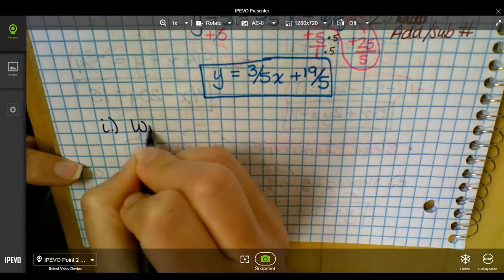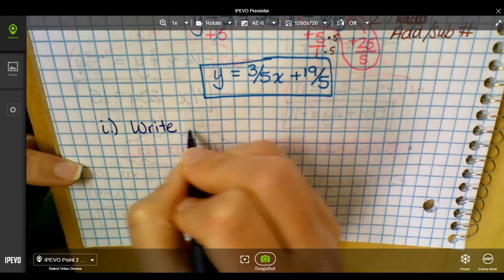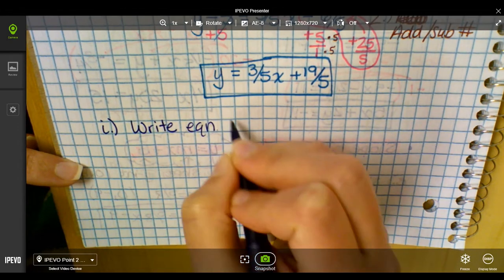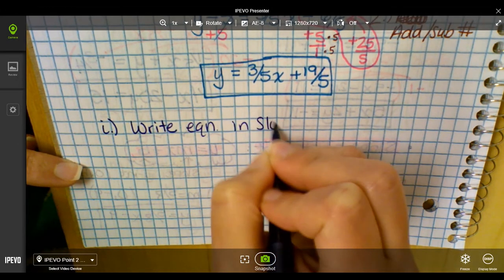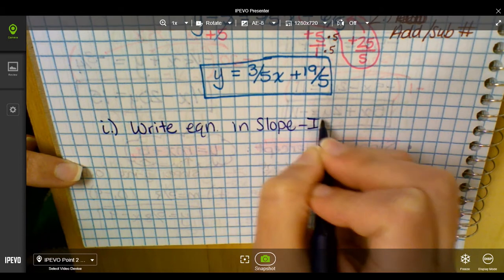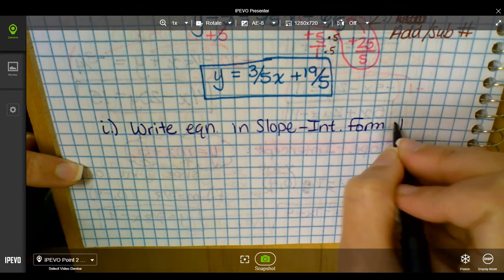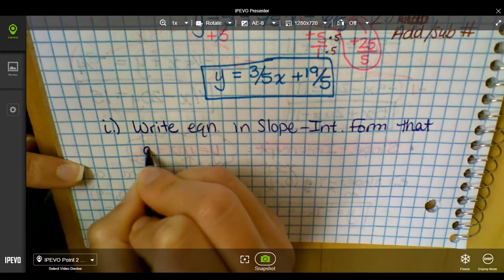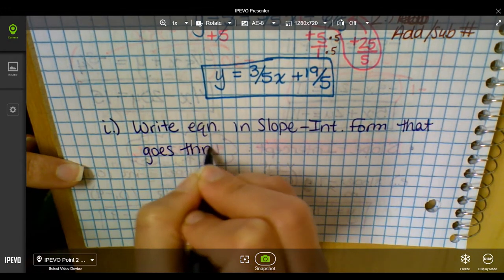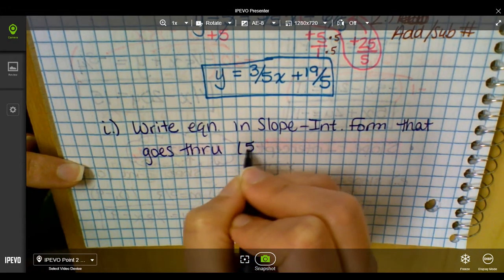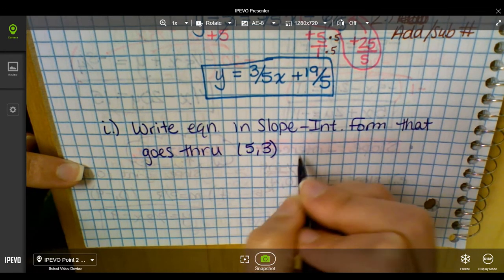All right, last one, and then I'll stop this video. Write an equation of a line in slope-intercept form that goes through (5, 3) with a slope of 2.